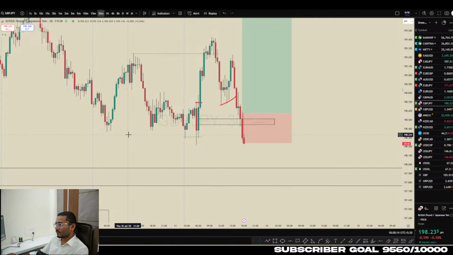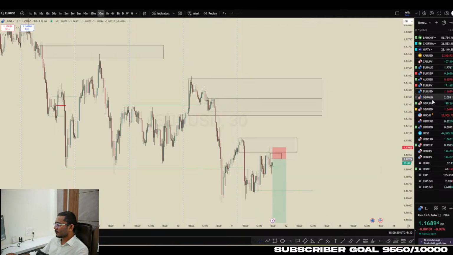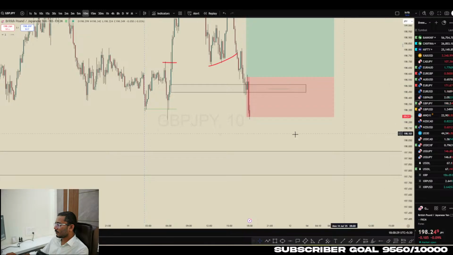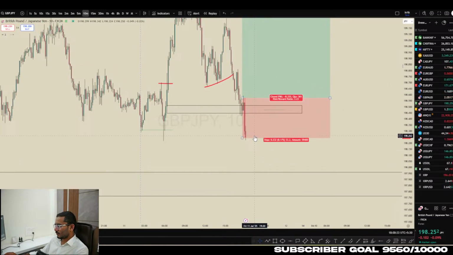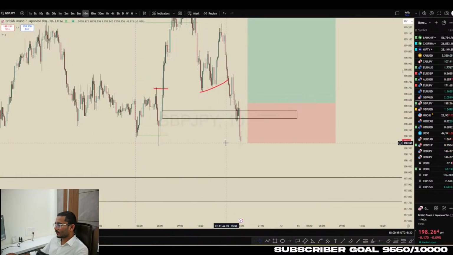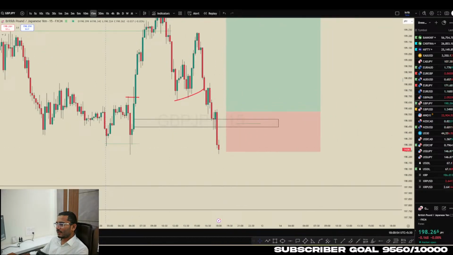Okay, finally price has swept the stop loss. If price breaks this high, I'll look for another entry to the upside.